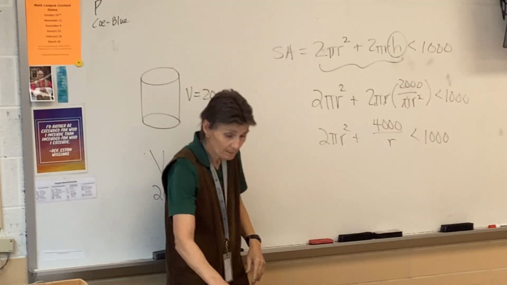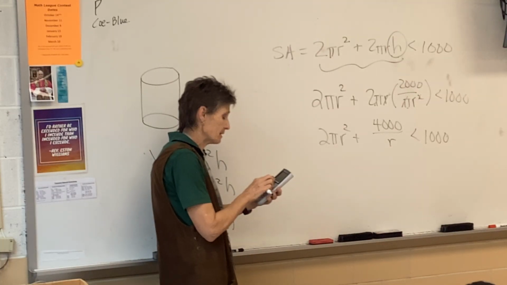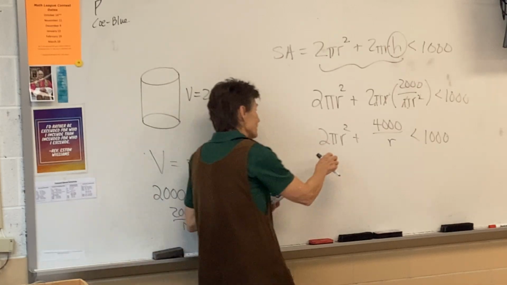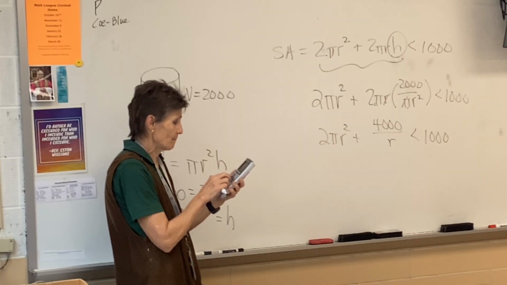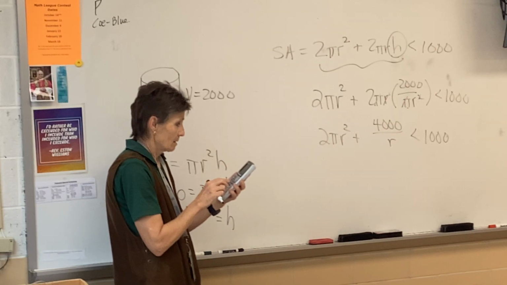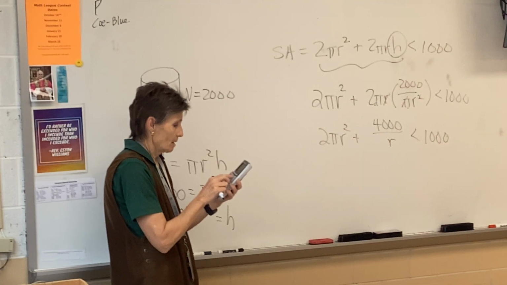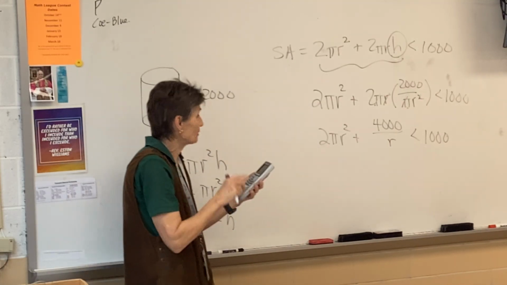Okay, let's type it in. Let's see what happens. Keep that x min at 0. This can't be a negative number, so keep that at 0. Y max has to be at least bigger than 1,000.